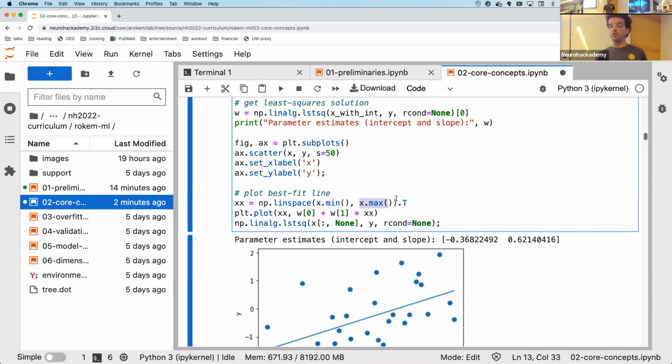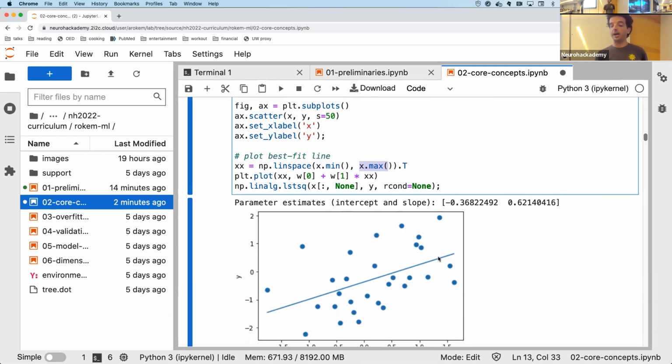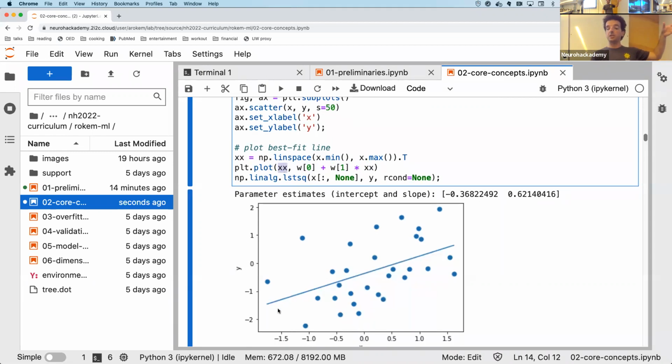So there are 50 points along this line, equally spaced. And then here we're doing W0, the intercept, plus W1, the slope, times XX. And we plot that against the values of XX, and that generates this line. So running the model forward, we're predicting a series of Y values to generate this best fit line.